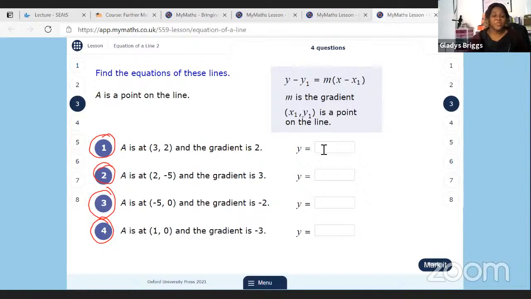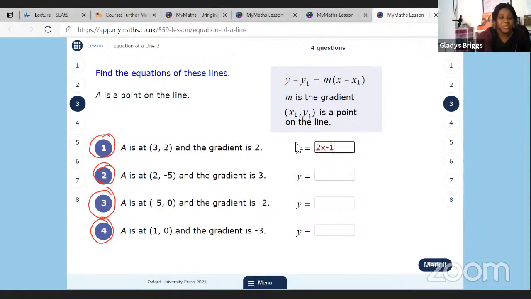So Abdullah, what did you get for this one? y is equal to, what's your gradient? 2. y is equal to 2 what? x. Or how many x? y is equal to 2x minus 1. 2x minus 1.